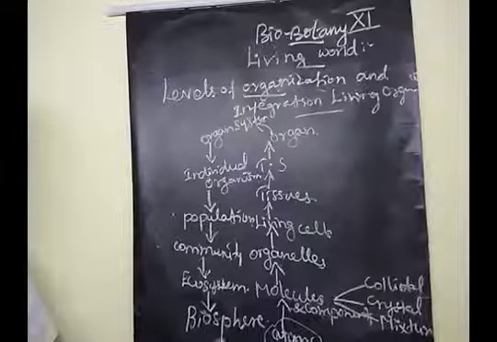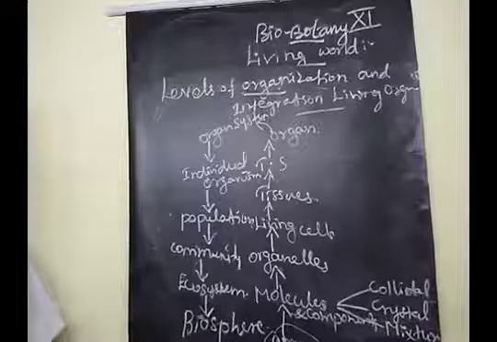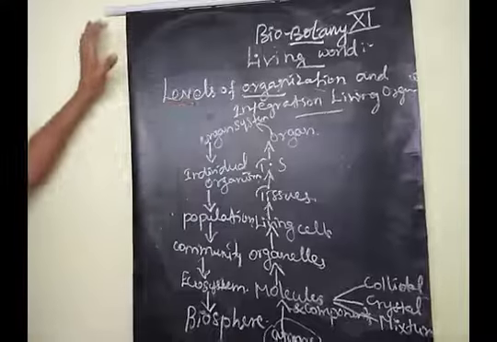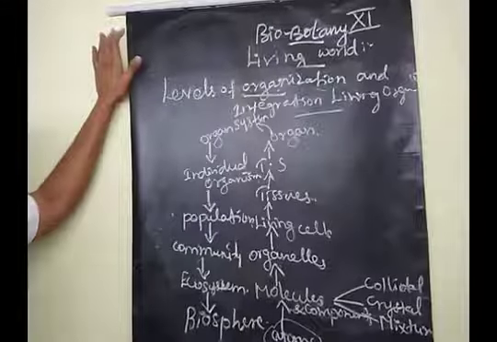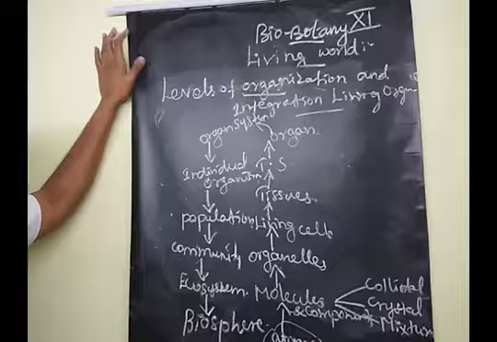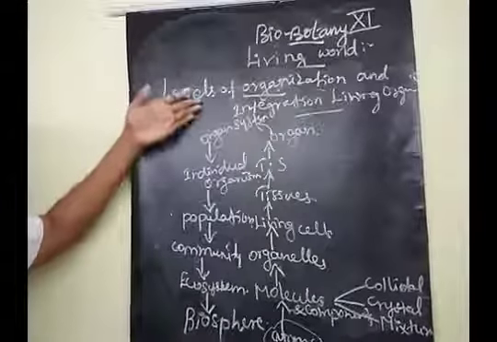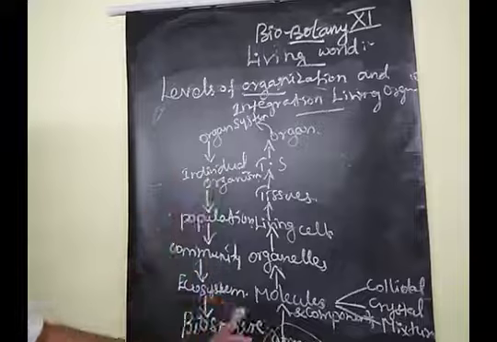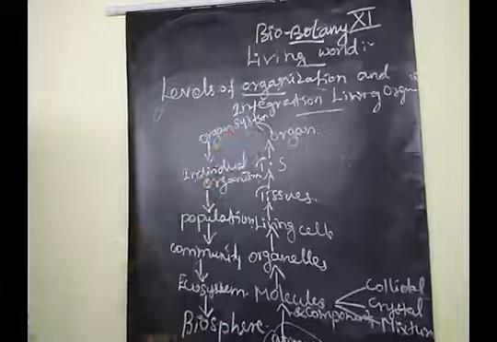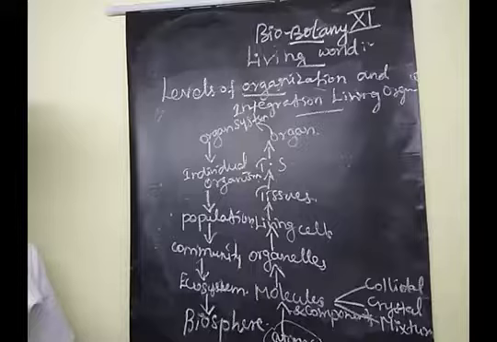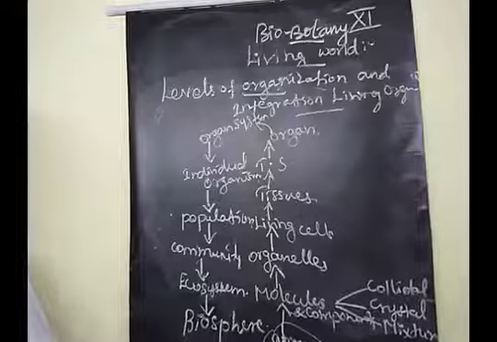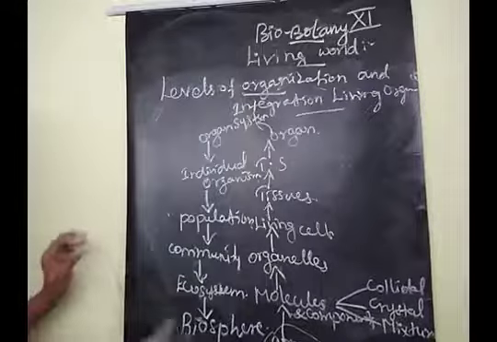Clear? This is one of the 2-mark questions. The level of organization and integration of living organisms is a very, very important 3-mark question. Okay, children? If they ask this question, you write these levels one by one. Clear? Yes, good.